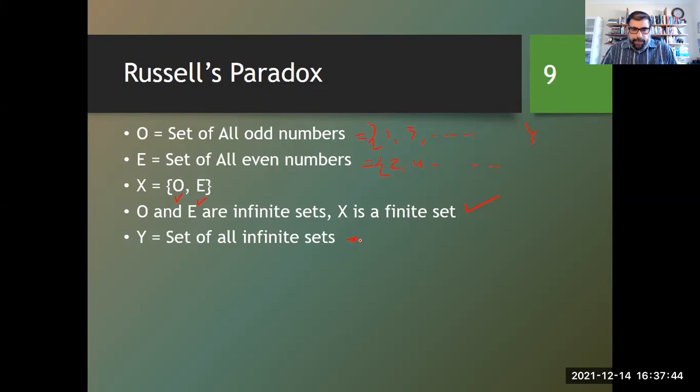अच्छा, तो अब मेरा एक और सवाल ये है कि इज O, ये पहला वाला, is O a member of Y? Yes. O is a member of Y. Why? क्यों मेंबर है ये O? Because it is an infinite set. जो भी इनफाइनाइट सेट होगा वो Y का मेंबर होगा, बिल्कुल सही है। तो is E a member of Y?